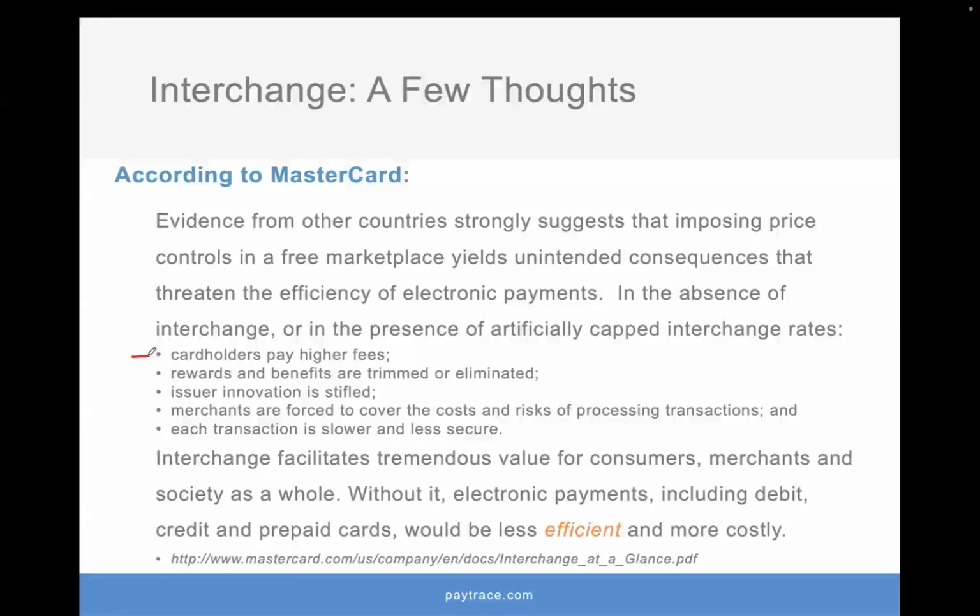It's pretty straightforward. Also, things like rewards programs, right? When you think about cashback rewards, I have an airline card that I typically use, so I get the benefit of miles. I don't pay for a lot of flights anymore, which I love. But the airline isn't just giving that to me out of the goodness of their heart, right?